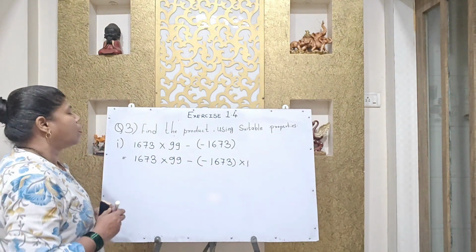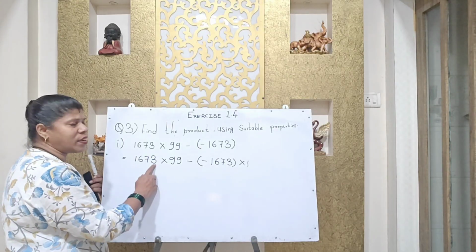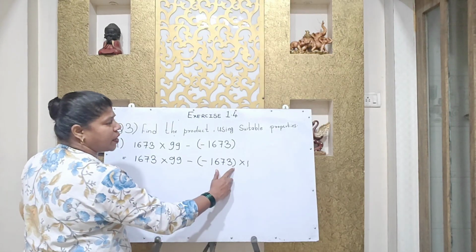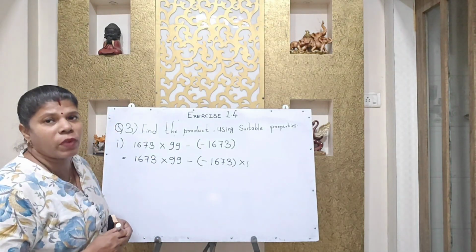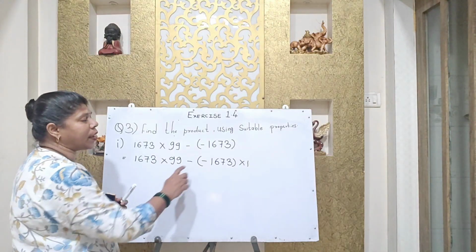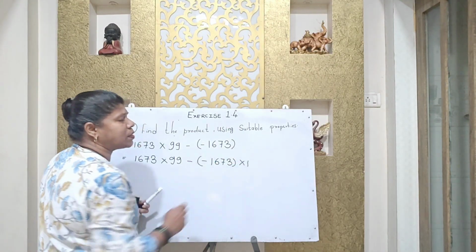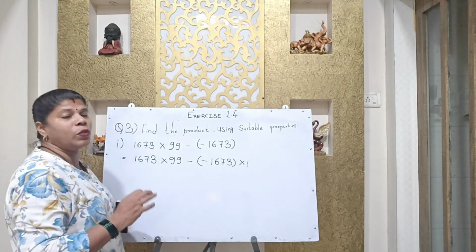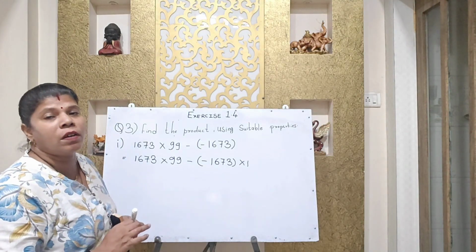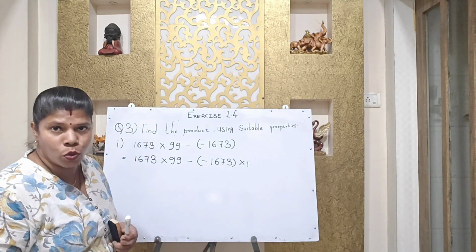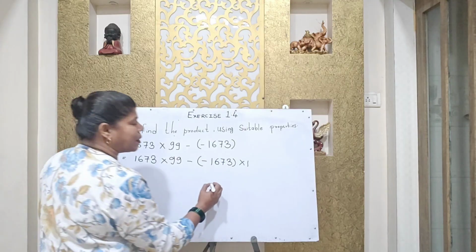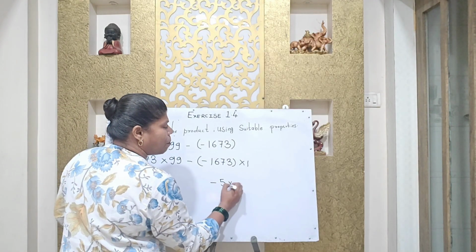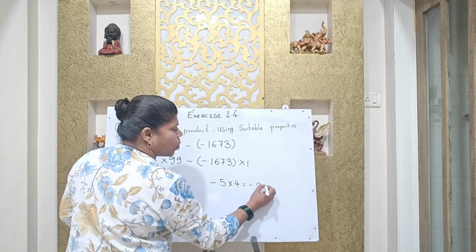Okay. Now 1673 is positive but here is a negative. In the previous sum we have learned that we can change the sign or transfer the sign to the next number with whom we are multiplying. The answer is not going to change. जैसे कि मैंने लास्ट सम में बताया था, 5 multiplied by 4 answer will be minus 20.